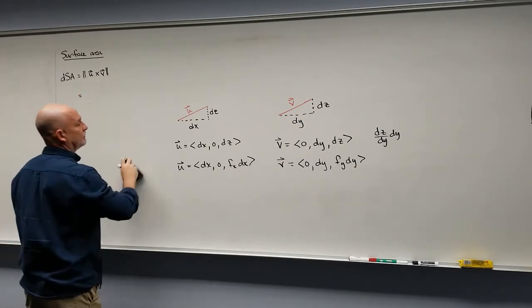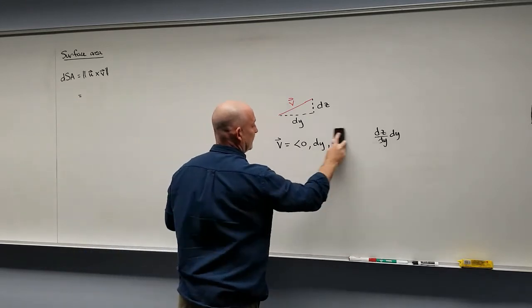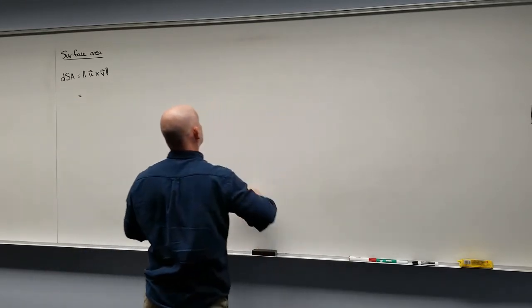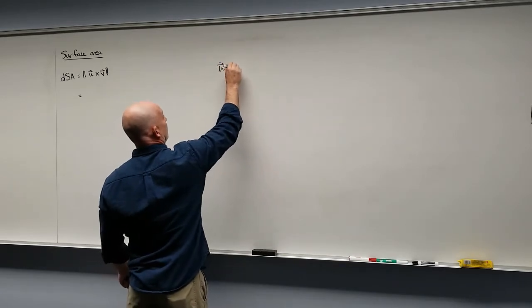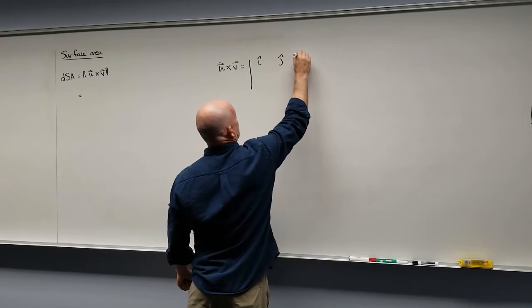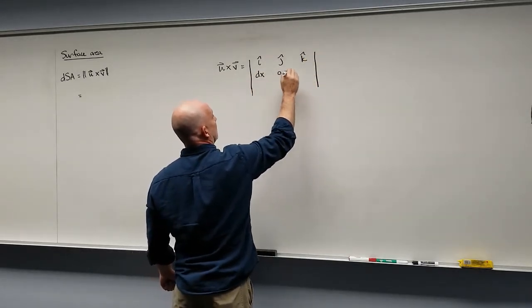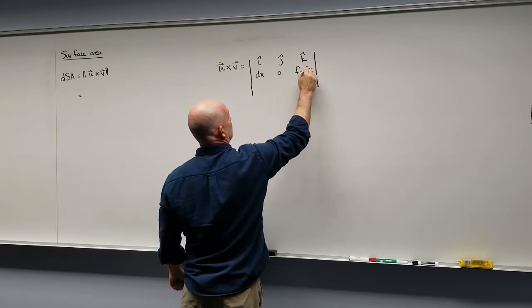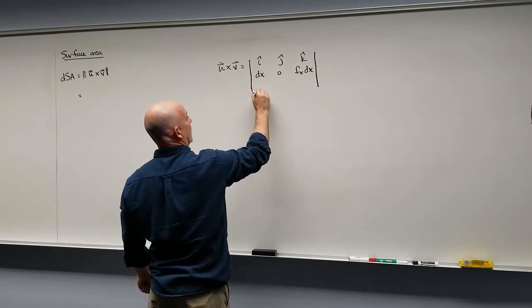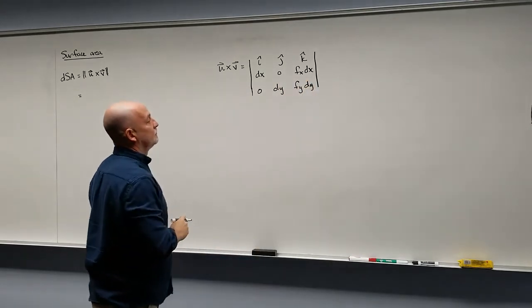Let's move it over here so we can put the pieces together. We'll need that in a second. So just U cross V, i, j, k. U was dx, 0, and f sub x dx. V was 0, dy, and f sub y dy.